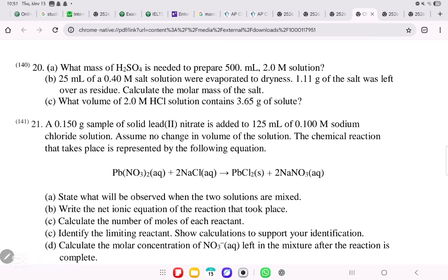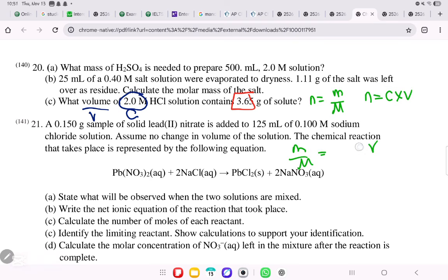We'll move on to the next question. What volume? They're looking for the volume of a 2 molarity HCl solution that contains 3.65 gram of solute. So very simply, they're telling us again, number of moles equals mass over molar mass, number of moles equals concentration times volume, so mass over molar mass equals concentration times volume.